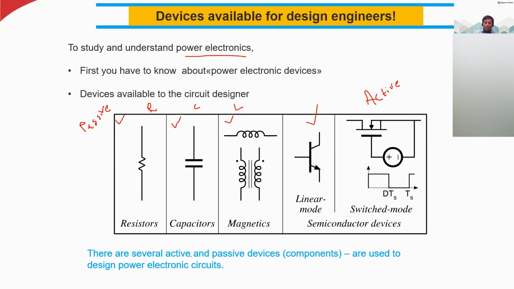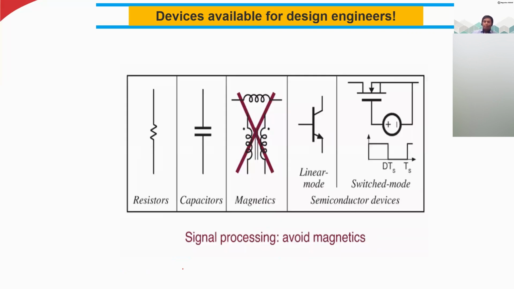There are several active and passive devices, or components. We can also call them components. Both are the same, and are used to design power electronic circuits. In practical circuits, especially on the power electronics side, we try to avoid inductors because of some magnetic effects.